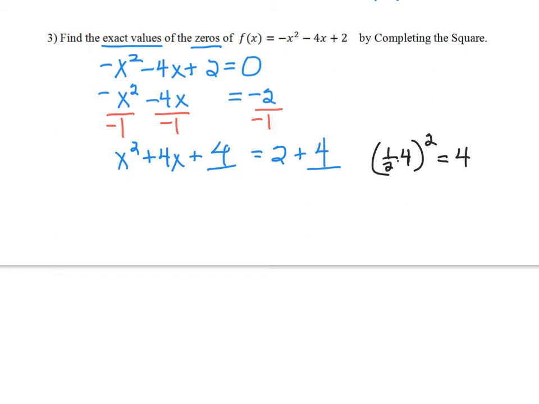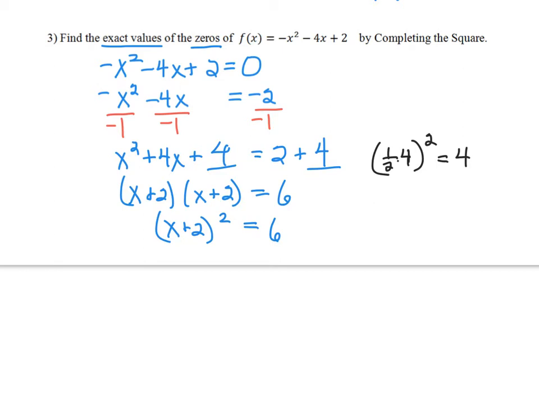So the left side, that trinomial, can be factored into x plus 2 times x plus 2. On the right side, I've got the answer of 6. So this gives me x plus 2 squared is equal to 6.